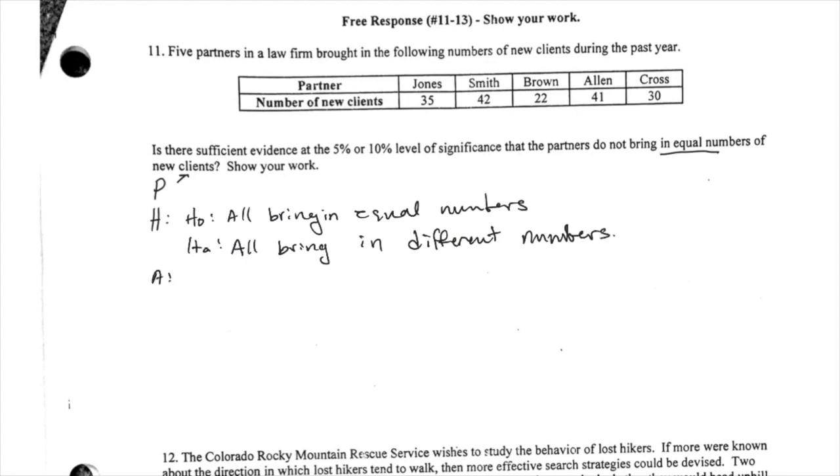Okay, my assumptions. Remember, with goodness of fit, we want to make sure it's a random selection. In this case, it's not necessarily random, but we're going to say it's representative. Independence: we'd assume that the partners have independent clients.